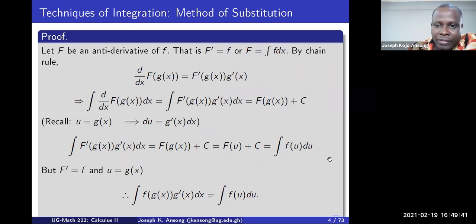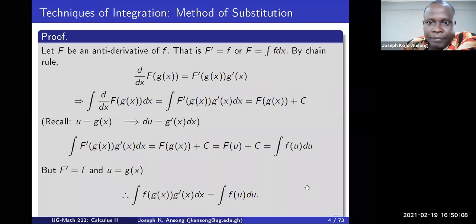So this is equal to this. Basically, this is what we wanted to prove, right? Capital F prime is small f, so that is here. I have my g of x, I have g prime of x dx. This is basically the left-hand side of the expression is equal to the right-hand side, which is this. So we have shown that the method of substitution actually works, and there's a theorem to back that up. That is the important thing.